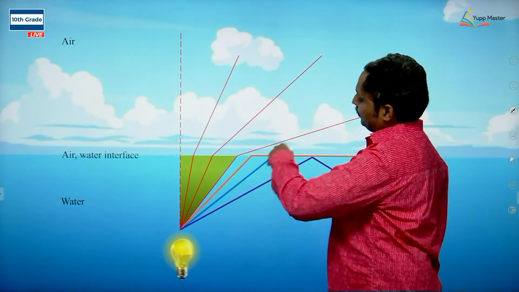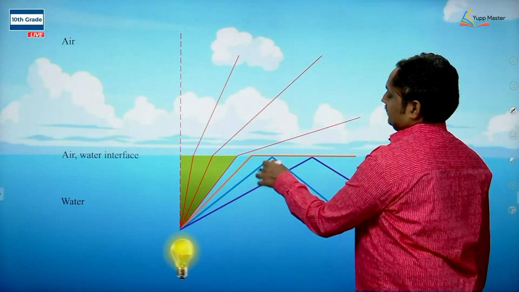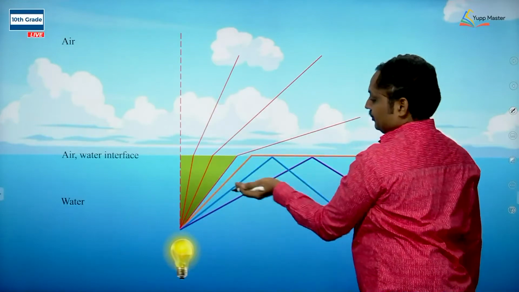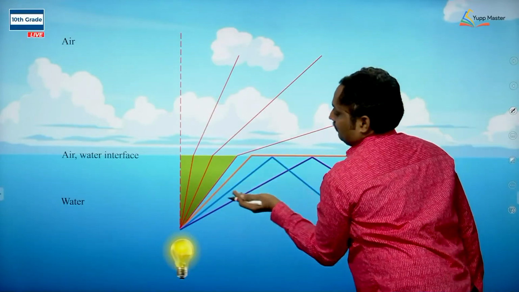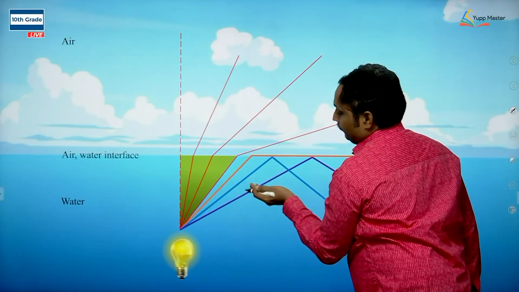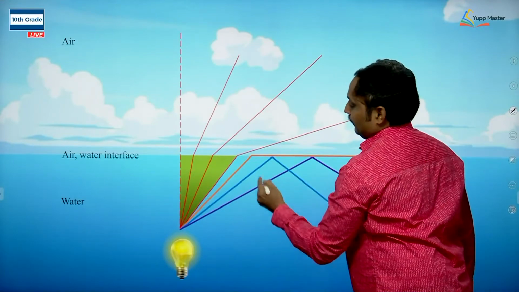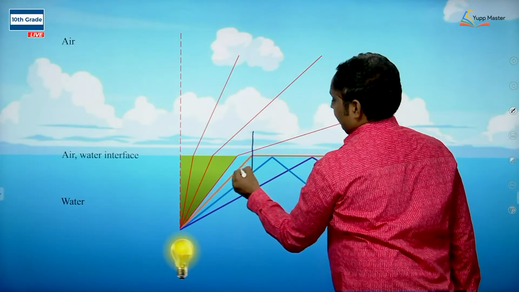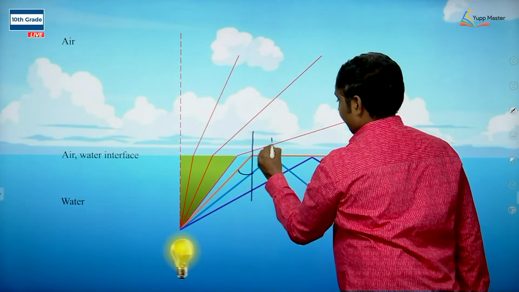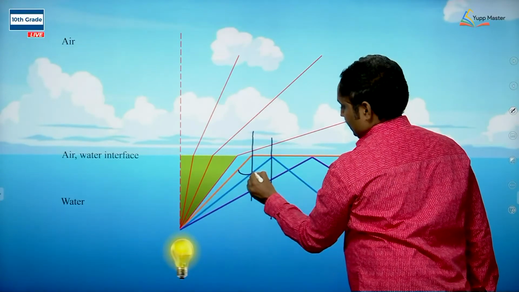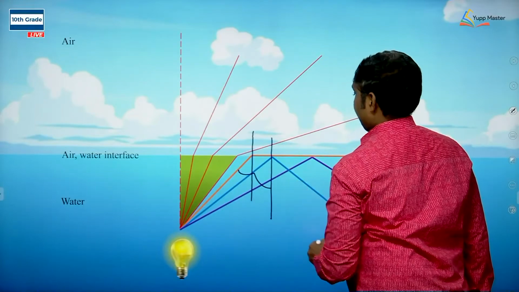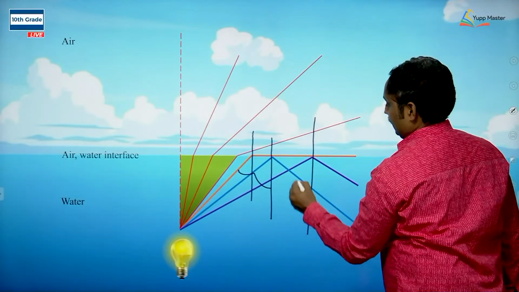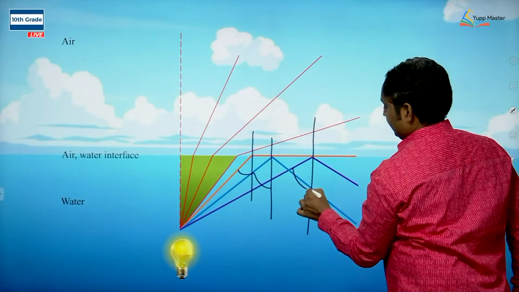But after that, as you keep increasing the angle of incidence, you change the angle with respect to the normal. This is one angle, and here also you have increased that angle.